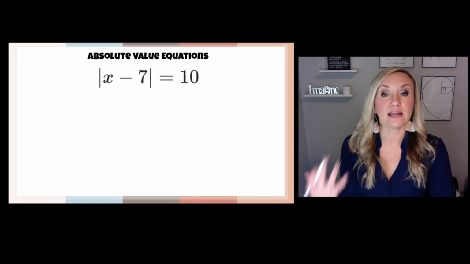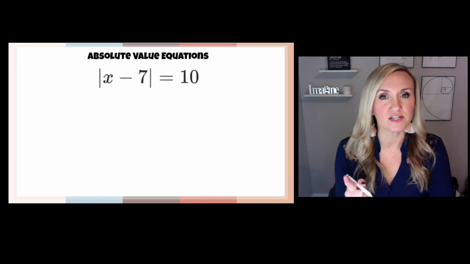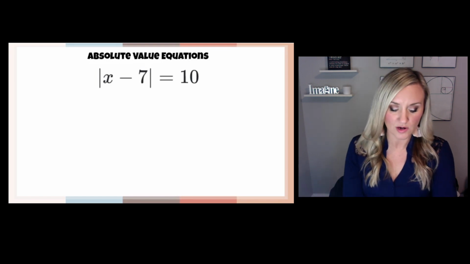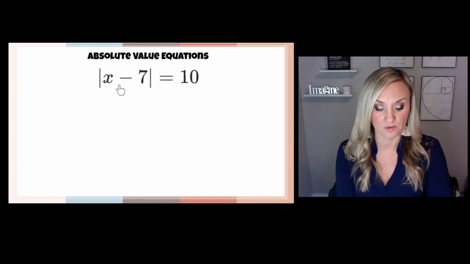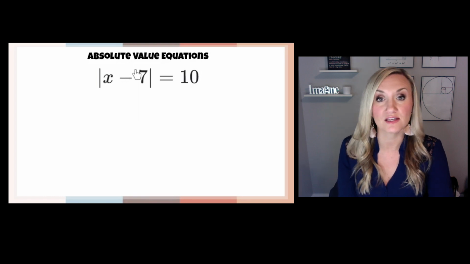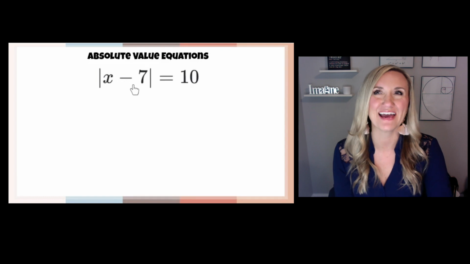Okay, so now let's take a look at something just a tad bit more difficult. What do you recognize? What do you notice? Well, we've got some stuff going on inside of the absolute value bars, which we haven't seen thus far in math.